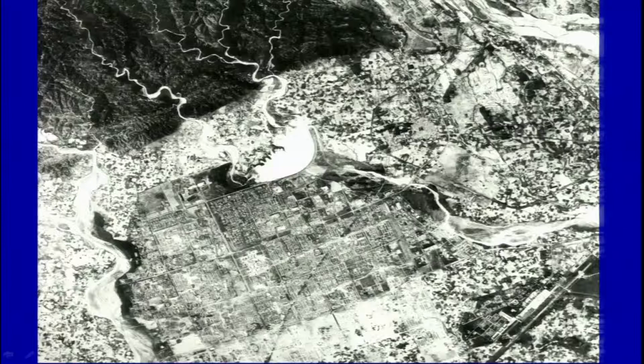This is the image, or we can say the Corona photograph of Chandigarh city, which was taken way back, if I am not wrong, in 1964 or so. Okay. Now, why are we using these photographs particularly for our interpretations?